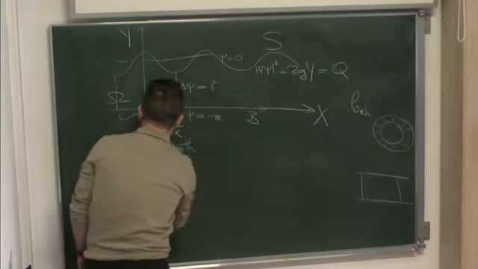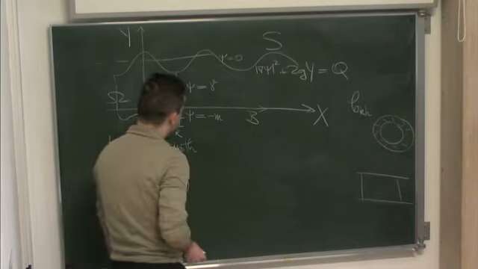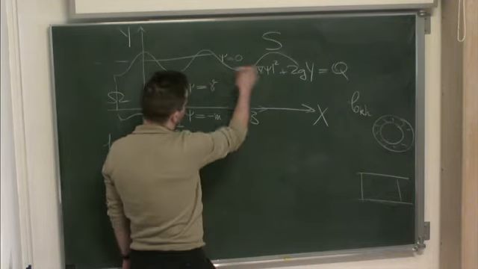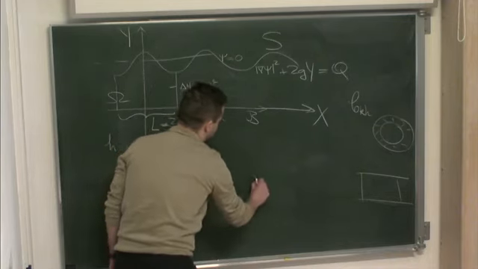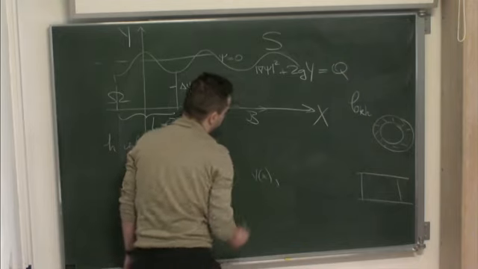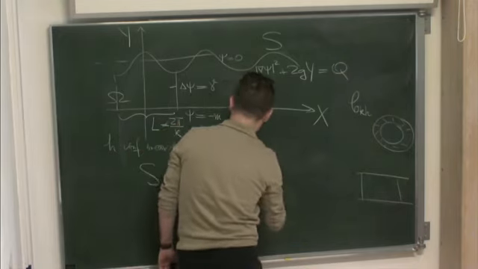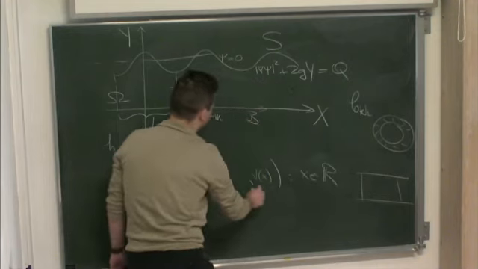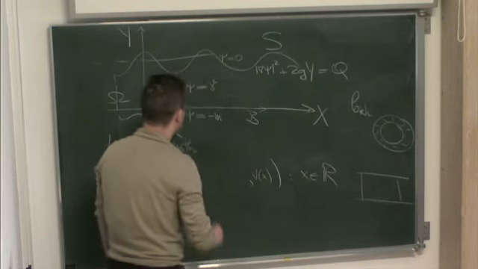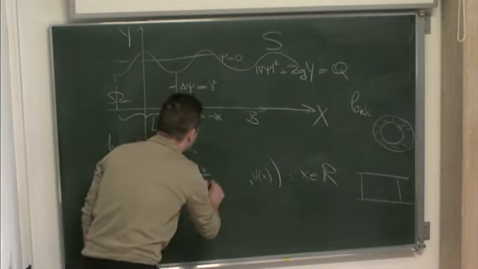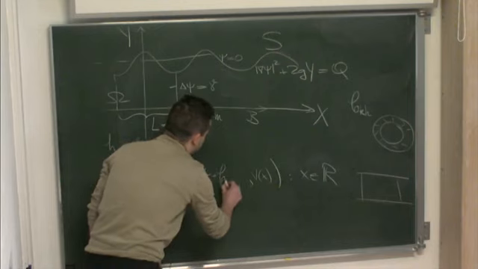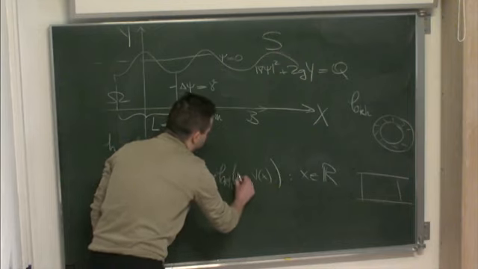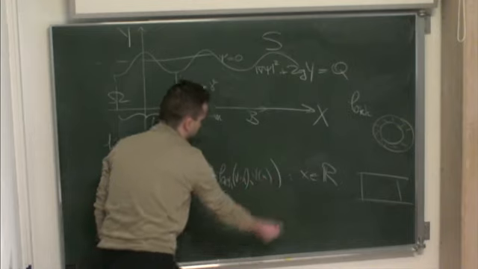So v will be the vertical coordinate of a parametrization of the free surface. So v of x in R. So v is the vertical coordinate, while the horizontal coordinate is x over k plus the Hilbert transform of v minus h.